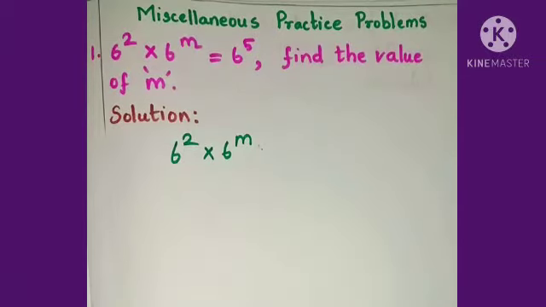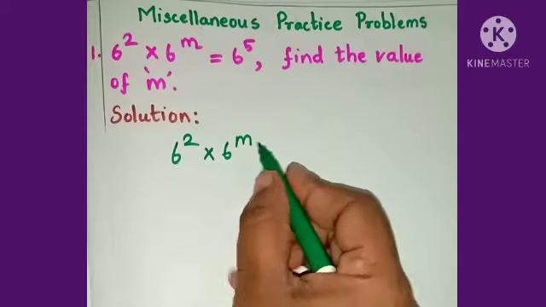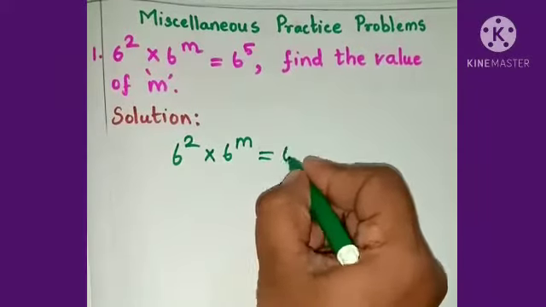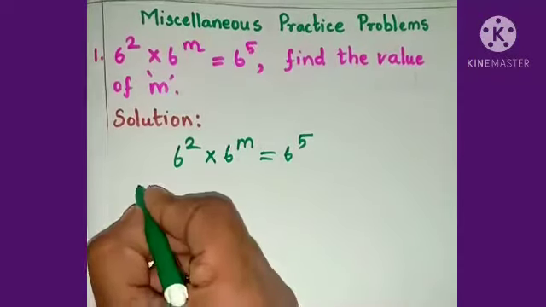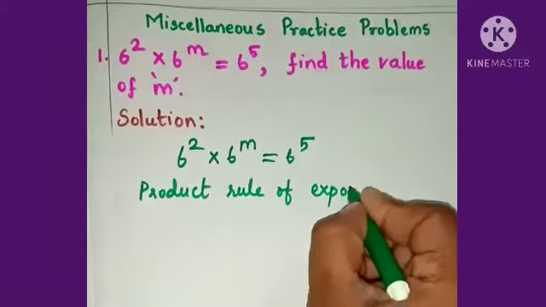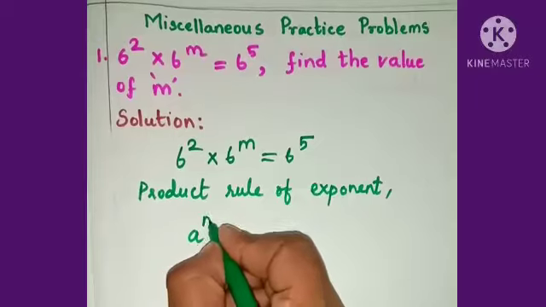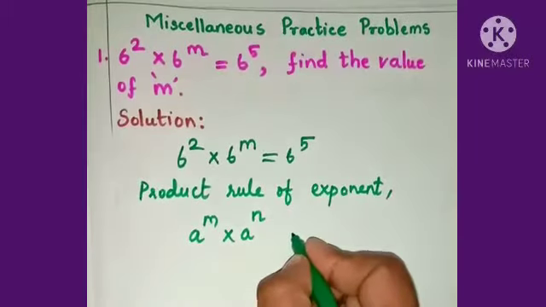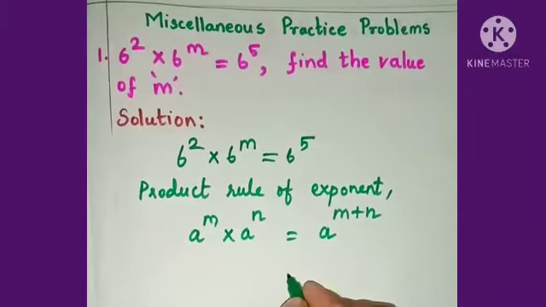So here, given the exponential equation 6 squared into 6 to the power of m is equal to 6 to the power of 5. Now by using the product rule of exponent, a power m into a power n is equal to a power m plus n.